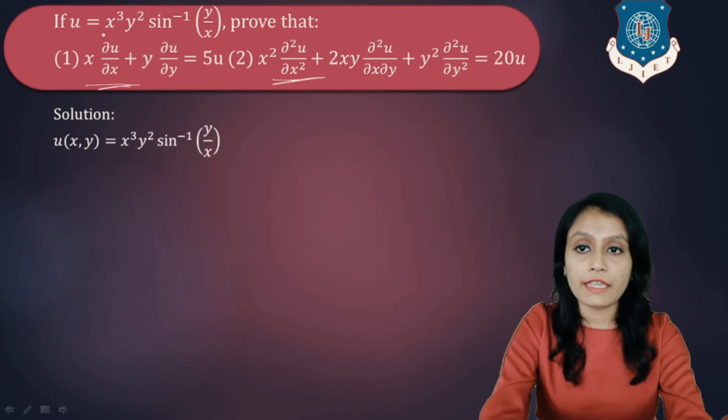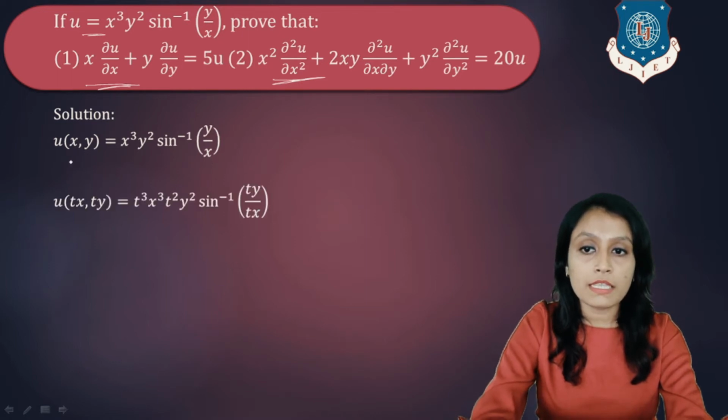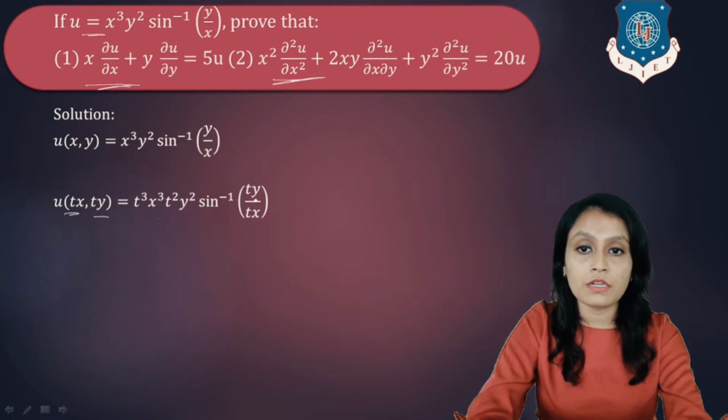First we will check whether this u is homogeneous or not. So u(x,y) is given, that is x^3 y^2 sin^-1(y/x). In place of x write tx, in place of y, ty. So here you will get t^3 x^3 t^2 y^2 sin^-1(ty/tx).